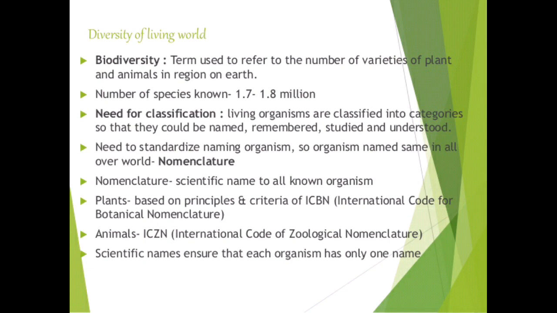Nomenclature gives a scientific name to all known organisms. For plants it is based on the principles and criteria of ICBN, the International Code of Botanical Nomenclature, and for animals, ICZN, the International Code of Zoological Nomenclature. Scientific names ensure that each organism has only one name.